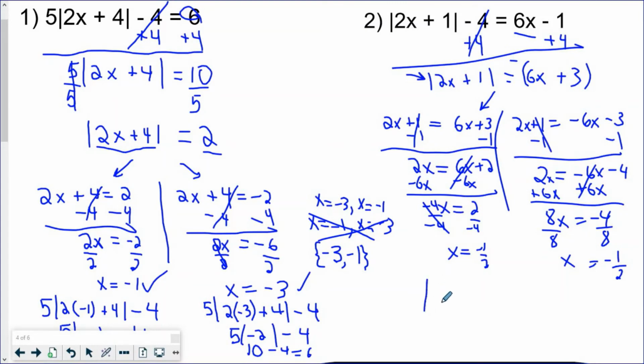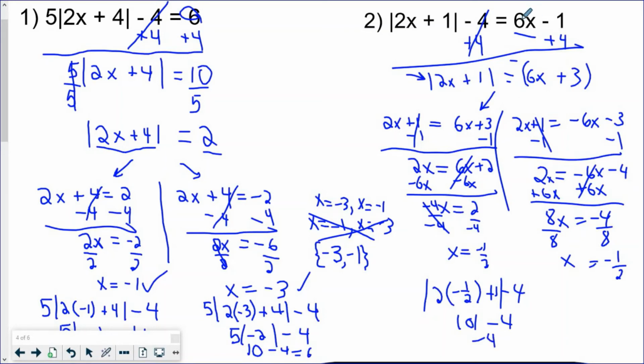So the absolute value of 2 times -1/2, plus 1, minus 4 is going to produce -1 plus 1, so that's 0. So this comes out to the absolute value of 0, minus 4 gives us -4.